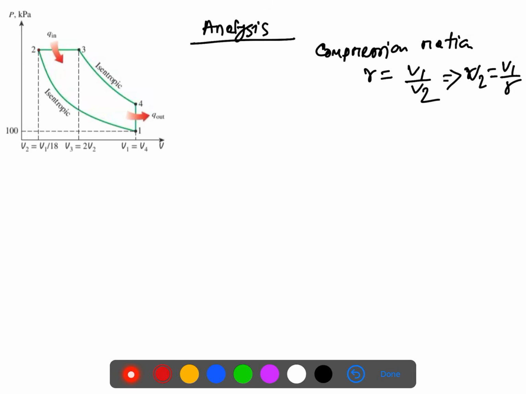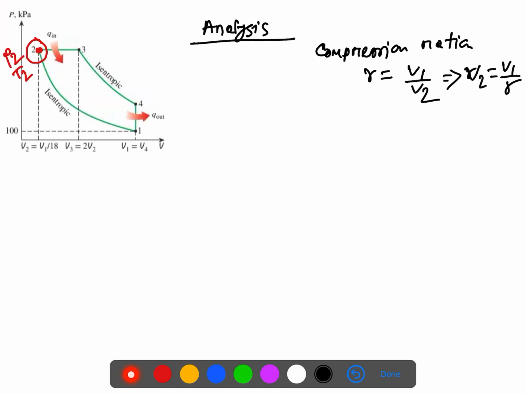So for this 1 to 2 process, this is actually our target process. We are looking for the pressure P2 and the temperature T2 there. To get P2 and T2, we are looking for the volumes V2, V3 and V4.